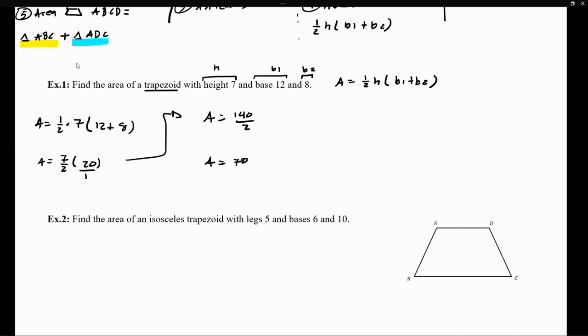Now notice that in this example, they were just giving us lengths. They didn't tell you if it was centimeters, meters, or what kind of unit we're using. So we can just write it as units squared.